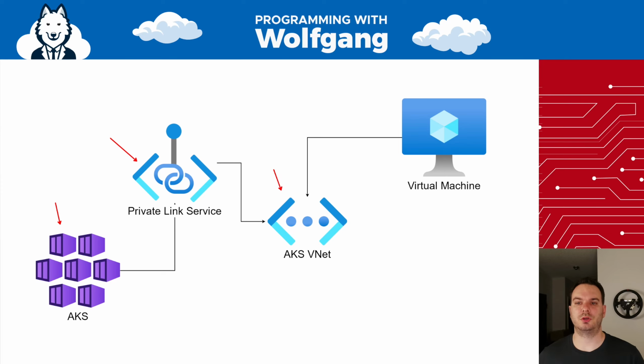And then we're also going to have a virtual machine in the same VNet, and therefore the virtual machine is going to be able to access the service inside the cluster. This makes sense if you have some application running on the VM, or applications that can't run inside the cluster, but you still want to have a private connection to access everything inside the cluster.